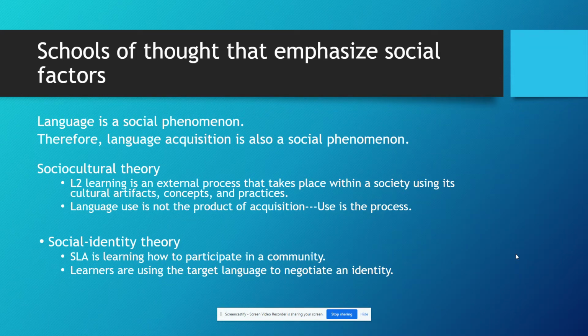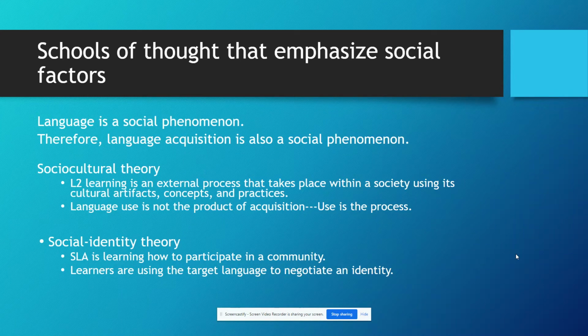Unlike cognitivists, who are concerned with how individuals process language in order to eventually use it, sociocultural theory proposes that learners' use of language is itself a part of the processing. In other words, use is not the product of language learning, use is the process.